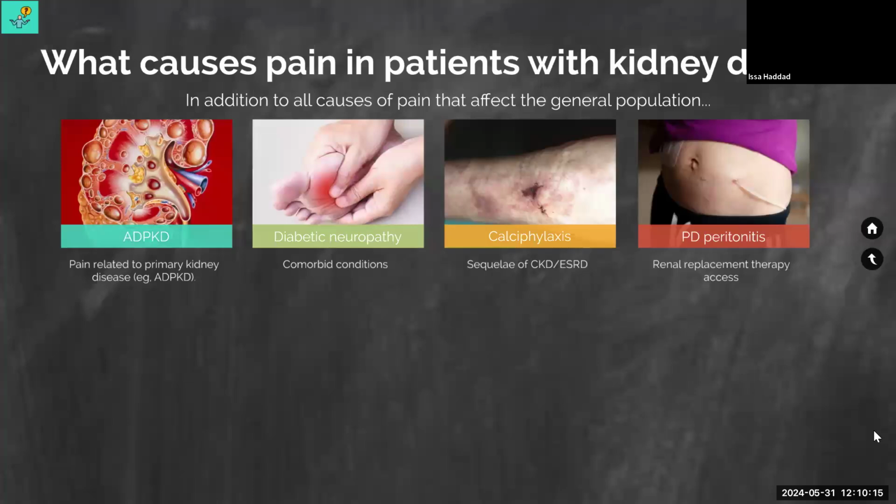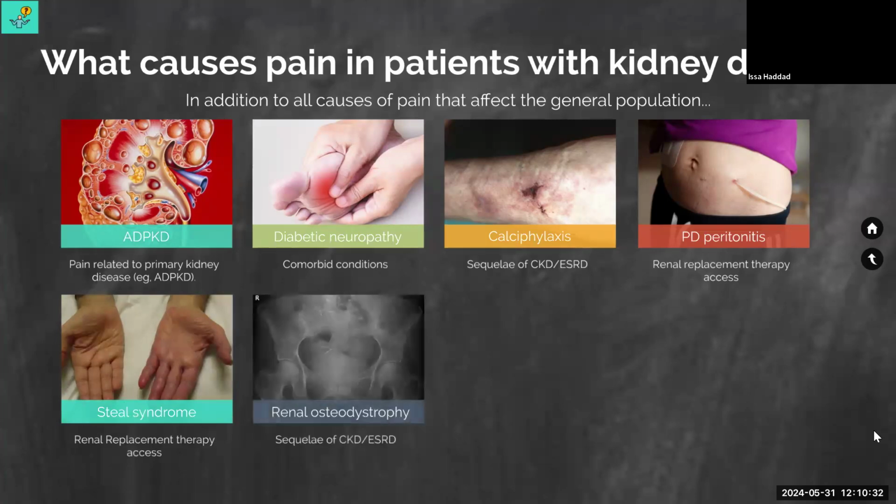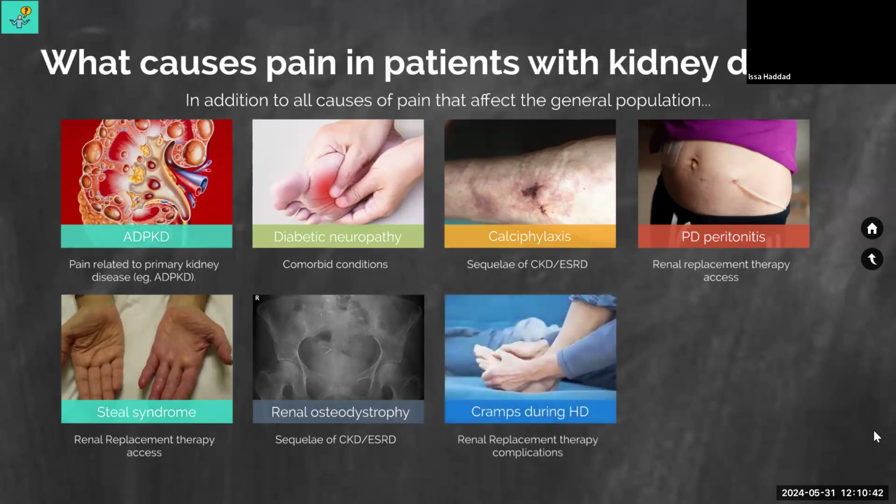Access issues. Many patients come in, get admitted because of pain, PD peritonitis. That's from a PD standpoint, and just as well, steal syndrome from hemodialysis patients who come in and complain of pain in the arm where they have the fistula. Renal osteodystrophy is also a very well-known cause of pain in patients with CKD, especially the patients who have more mineral bone disease.